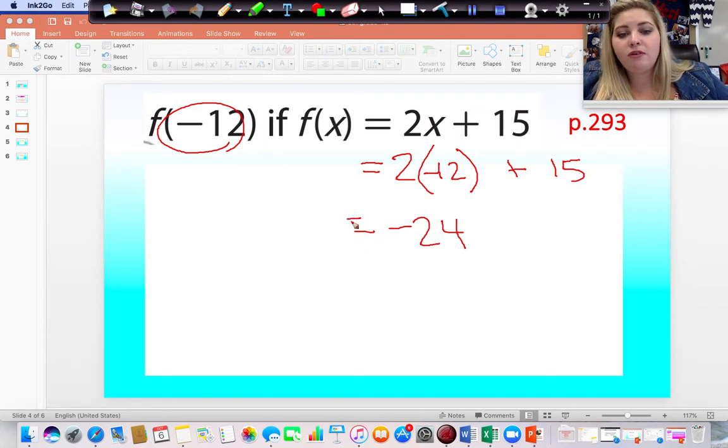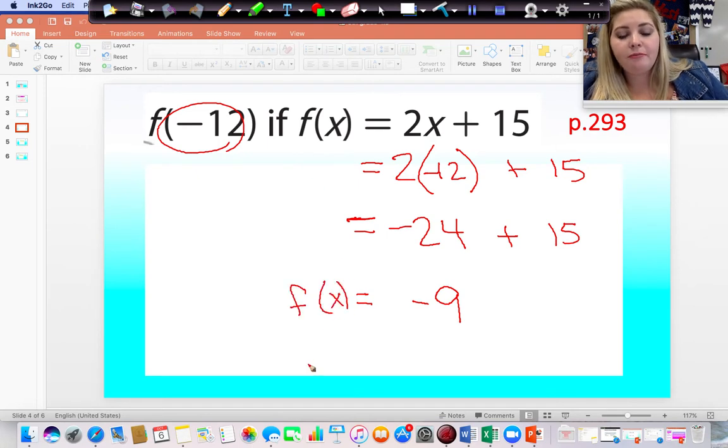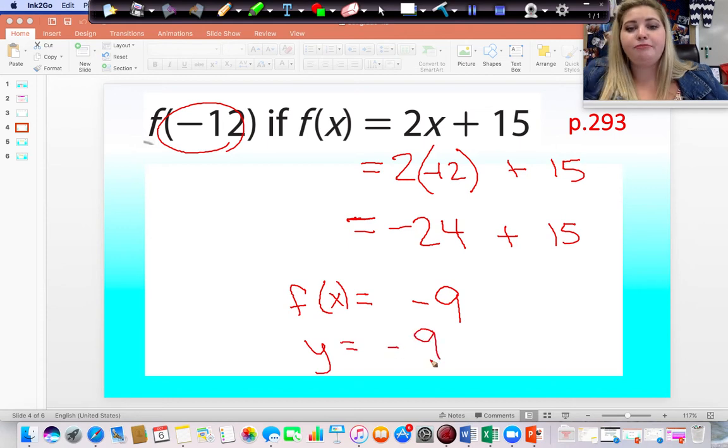So negative 24 plus 15, and that gives us negative 9. Okay? So you can do this all in your calculator, but you have to write this part down. Okay? So f of x is our y, and they equal negative 9.